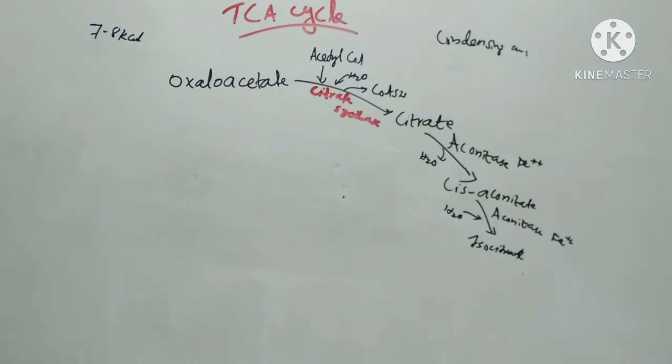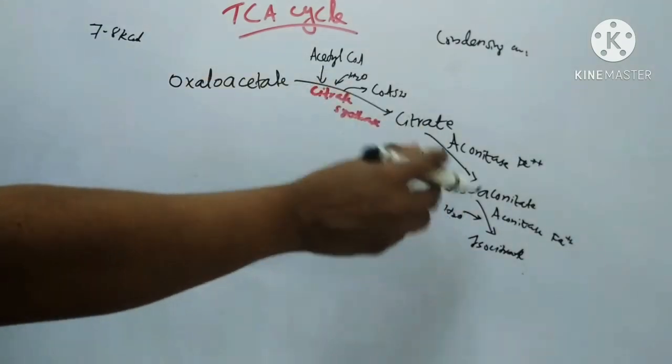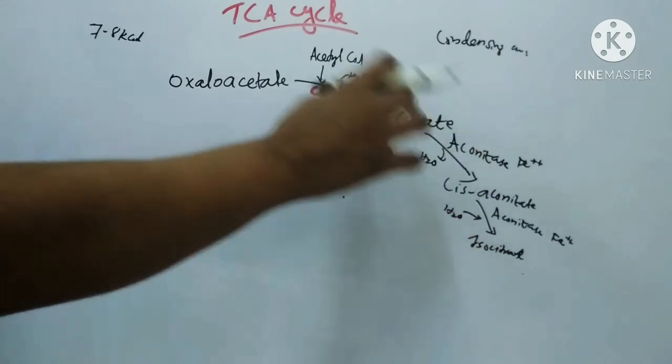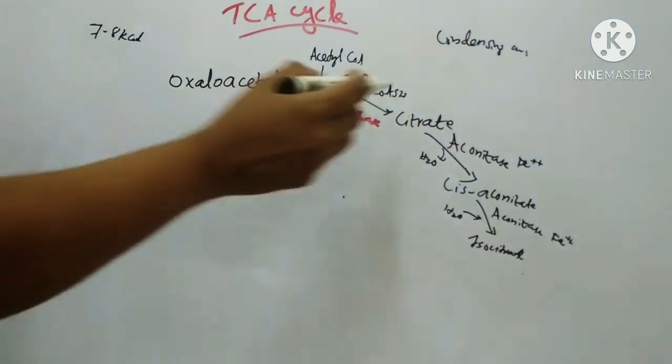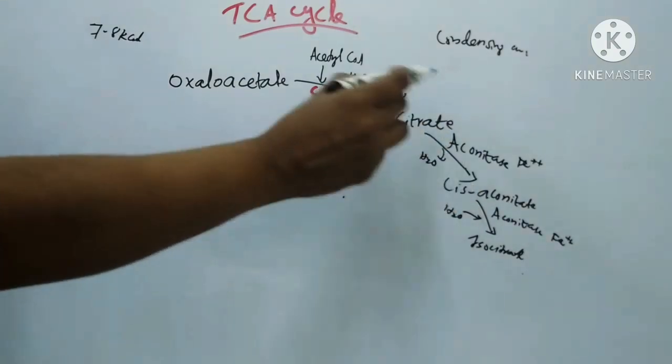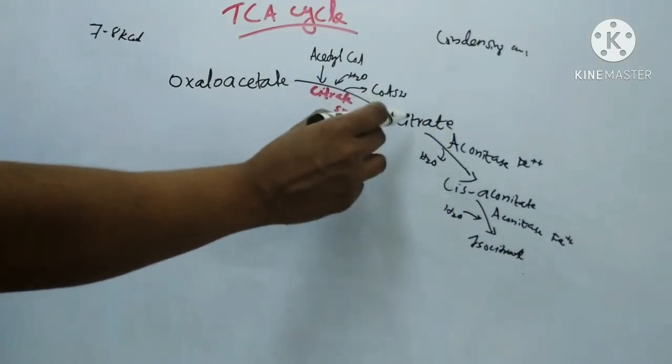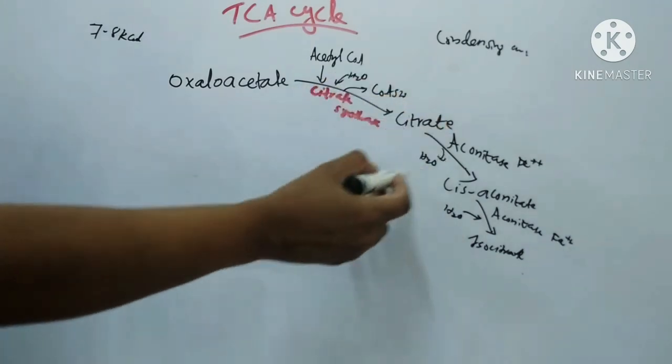Citric acid is converted to isocitrate by the enzyme aconitase. This conversion takes place in 2 steps. First is formation of cis-aconitate from citrate as a result of asymmetric dehydration.